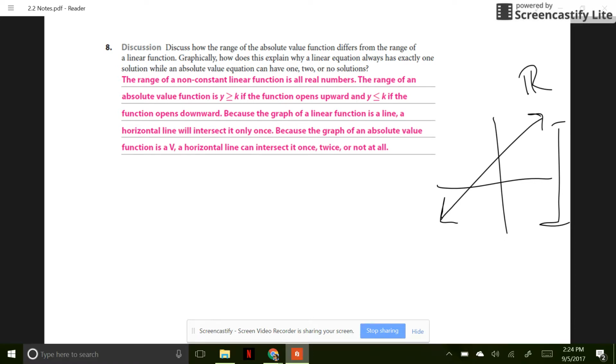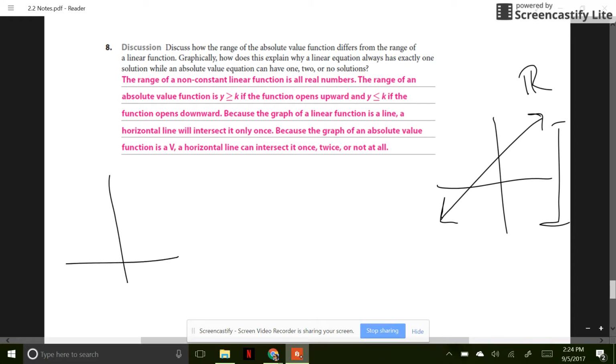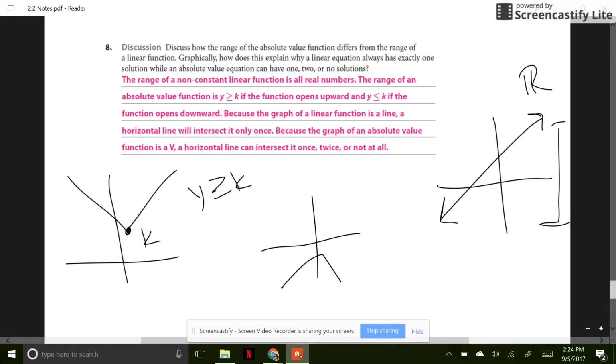Whereas the range of an absolute value function is y greater than or equal to k if it opens upward. So let's say we have an absolute value here. Our smallest y value here is k. So that's why our range would be y greater than or equal to k. It's all the values greater than k if it opens upward. And the y value is less than or equal to k if it opens downward.